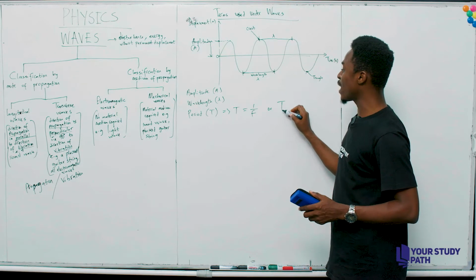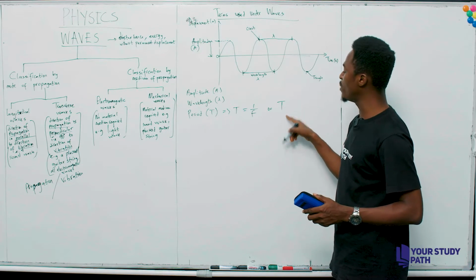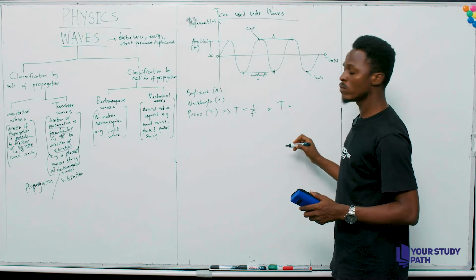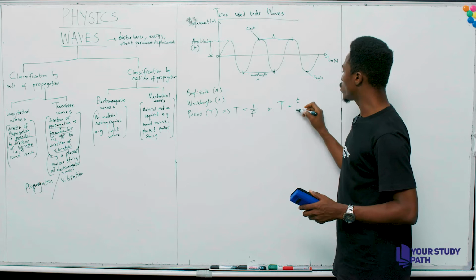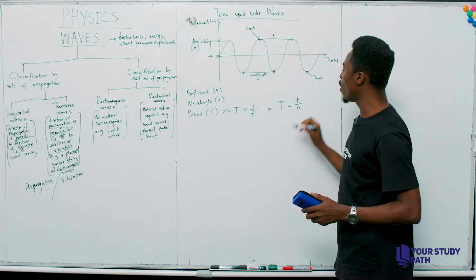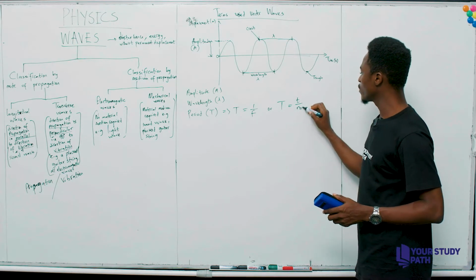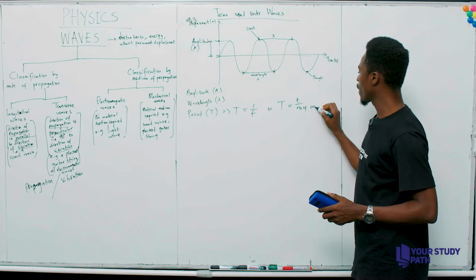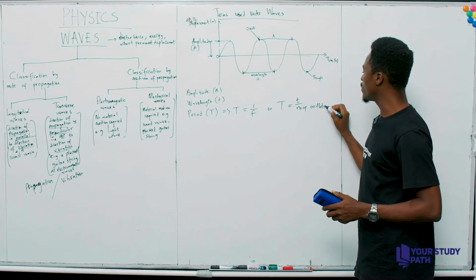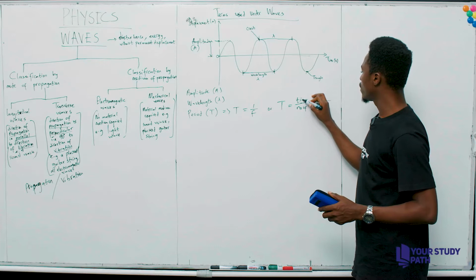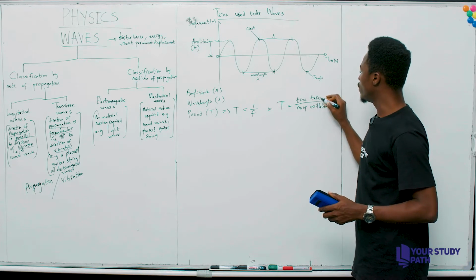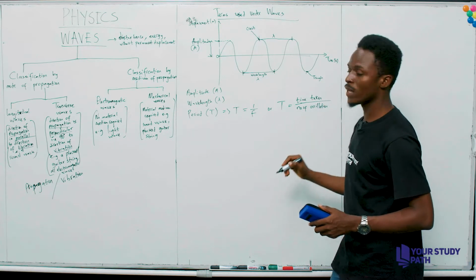Or you say that capital T, which is used to represent your period, is equal to the total time taken divided by the number of oscillations. We have that as the period.